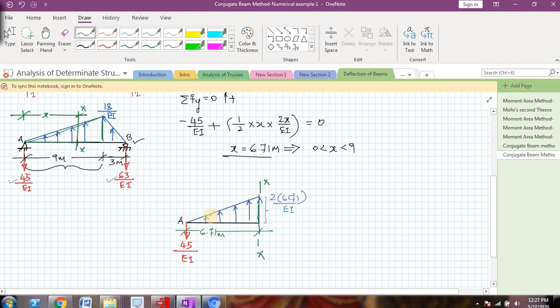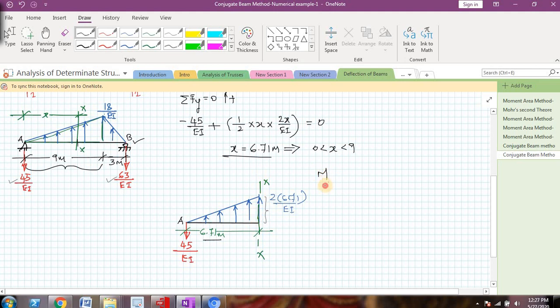I have drawn the same free body diagram. Now instead of x, I have substituted 6.71, and here the ordinate is 2 into 6.71 divided by EI. Now I need to find the moment at this section XX.